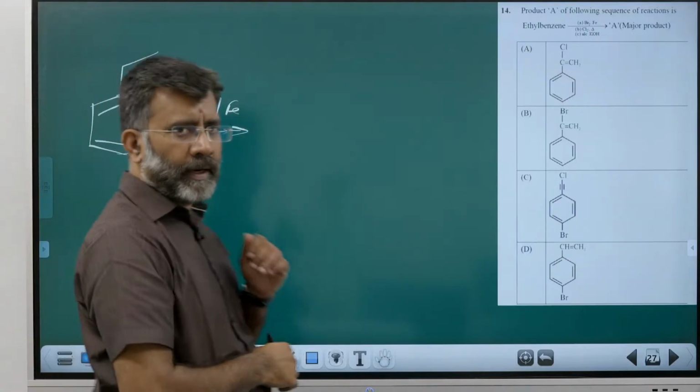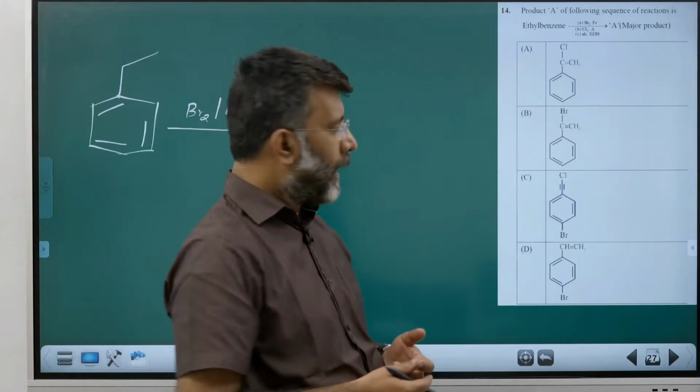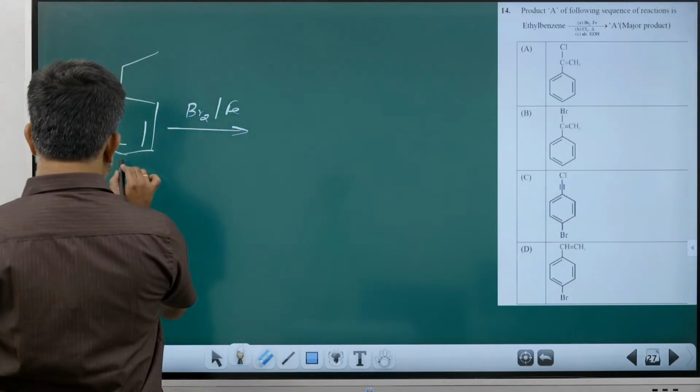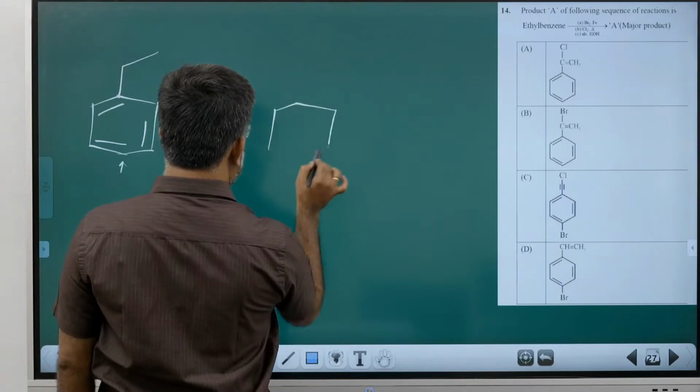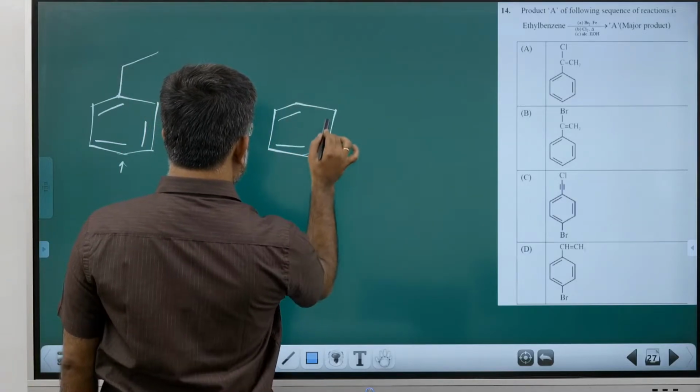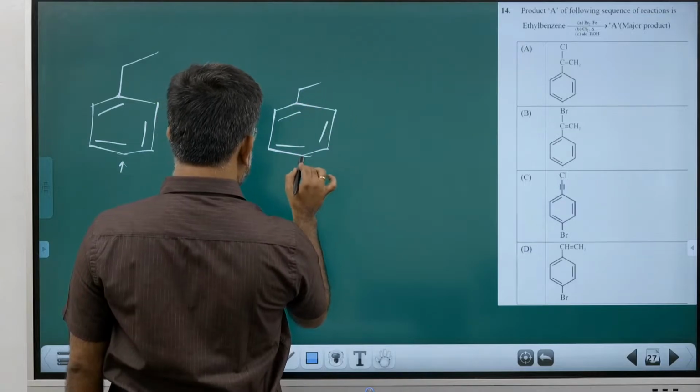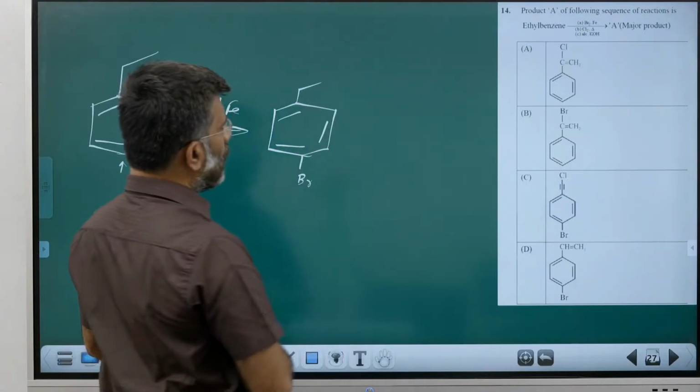There will be an electrophilic substitution reaction, and the major product will have bromine coming at the para position. So you get the para bromo derivative. That part is over.